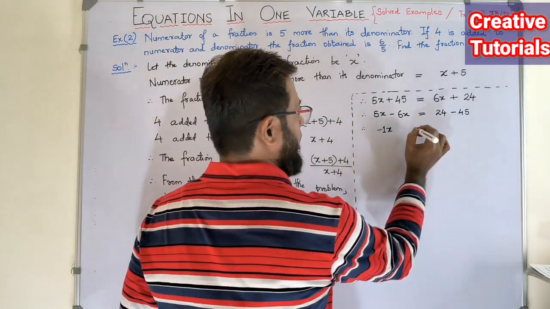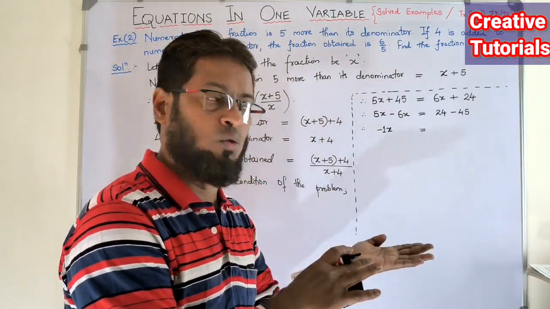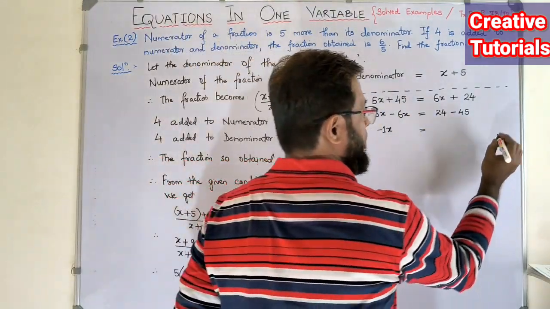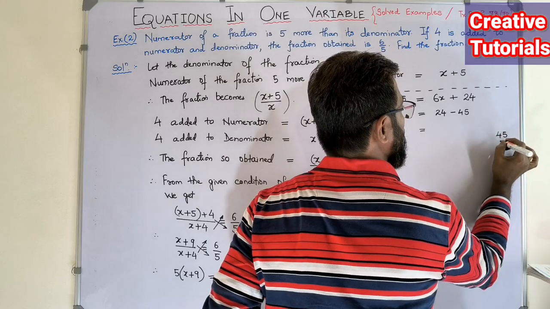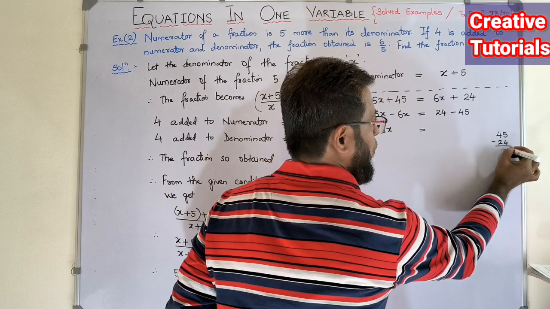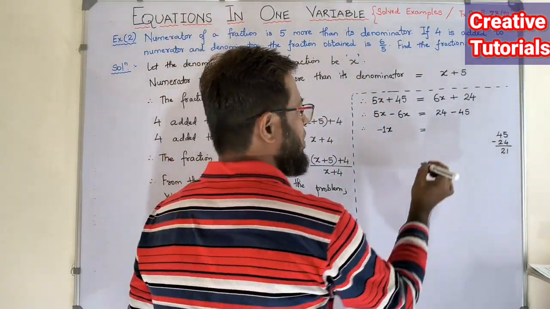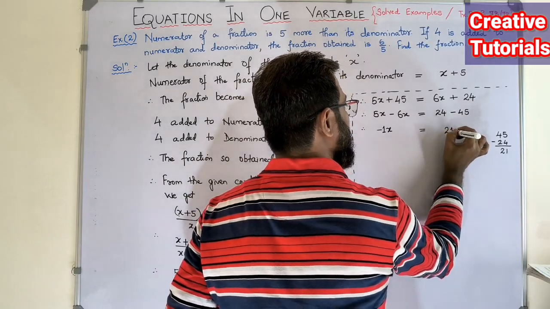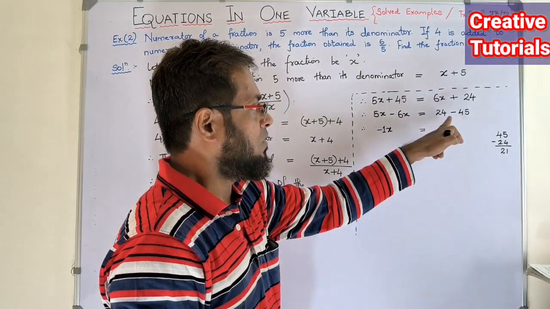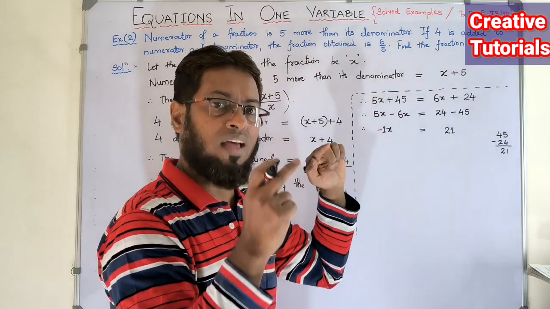Okay, that is equal to, on this side, 24 minus 45. Again, what you will do here is subtract bigger minus smaller. So let me do it here on this side for you. 45 minus 24. Now 5 minus 4 is 1 and 4 minus 2 is 2. So I got 21. I will write 21 on this side. Just now I told you that the sign towards the left of the number is the sign of that number.